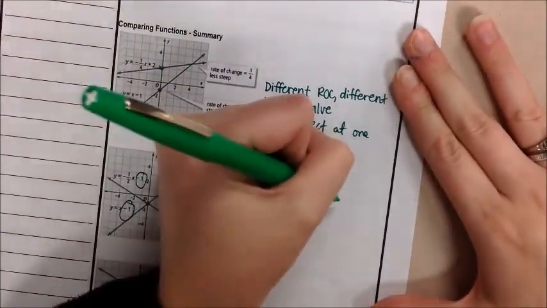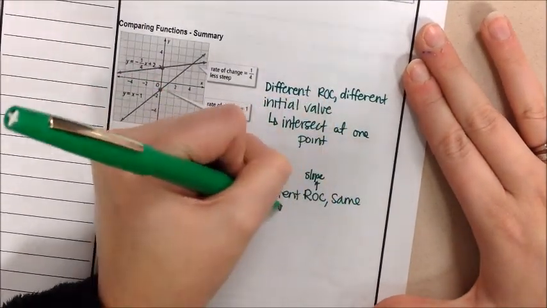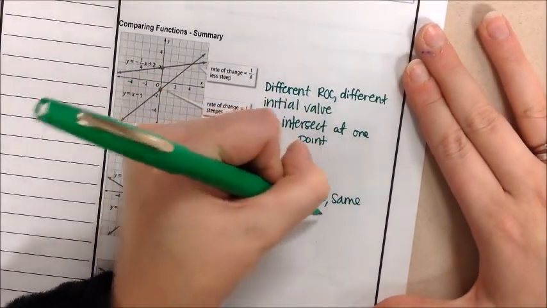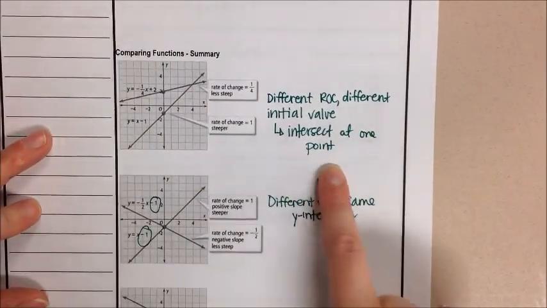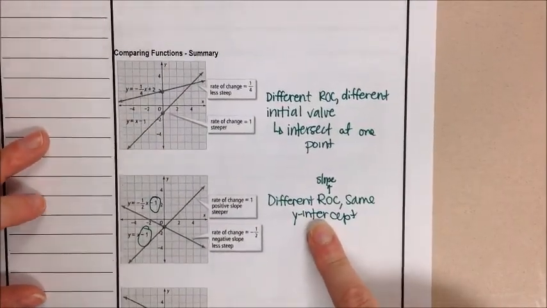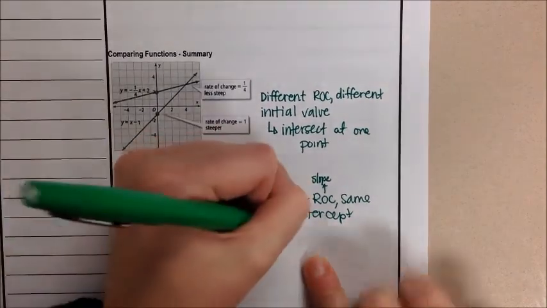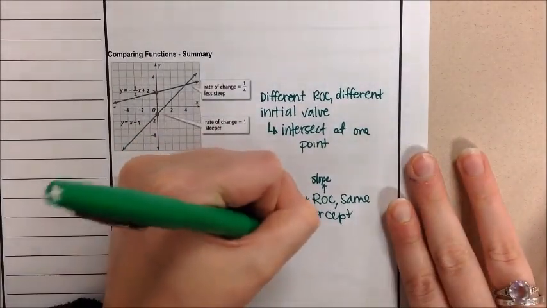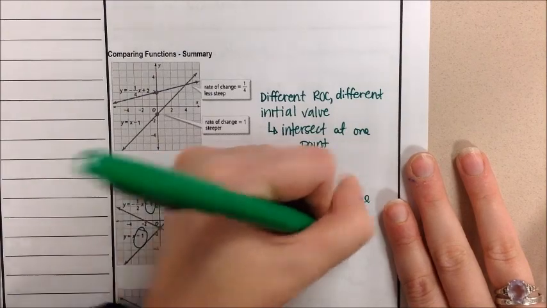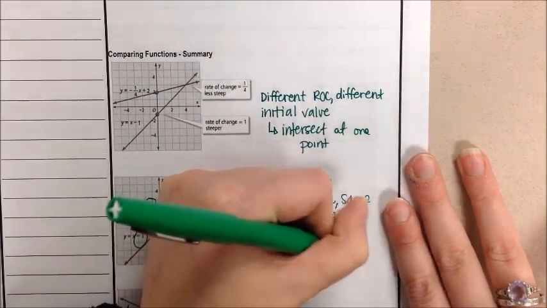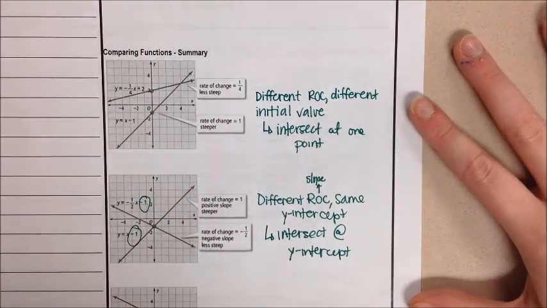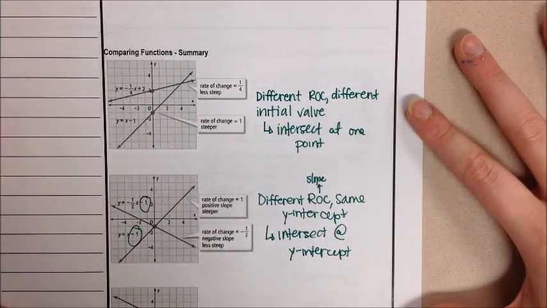They have the same y-intercept, which means instead of intersecting at some point we don't know, that's where they're going to intersect. So intersect at the y-intercept. That makes it really easy to tell when they're equal, when they're the same.